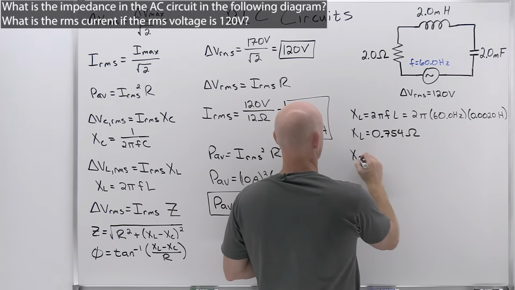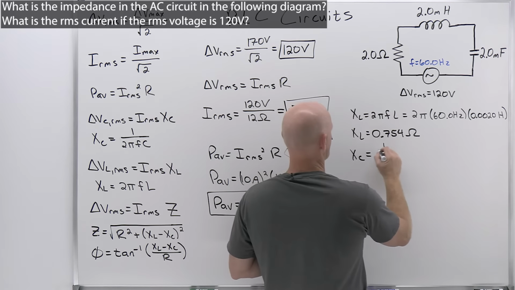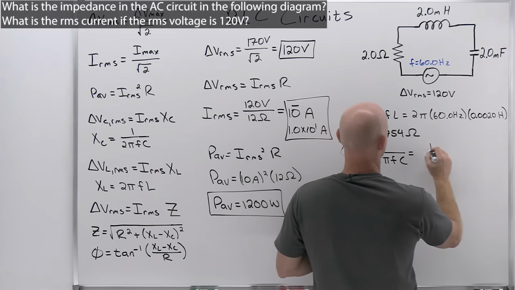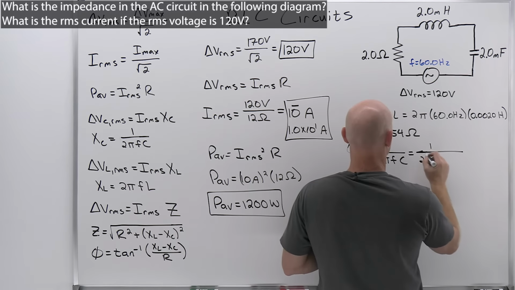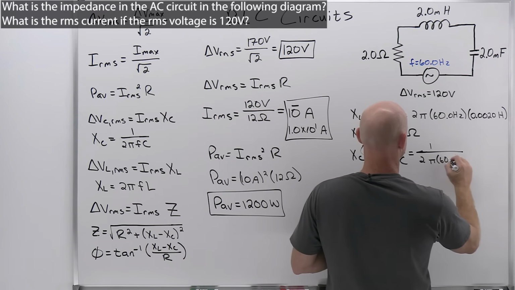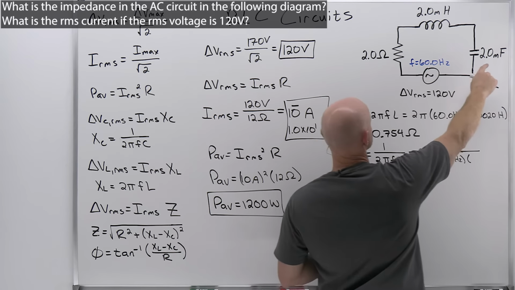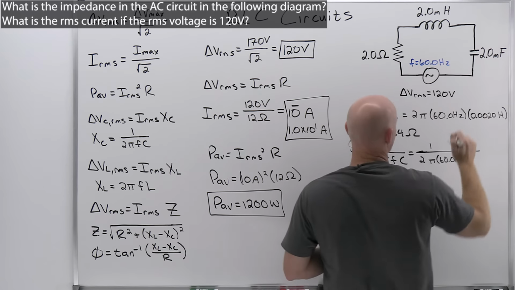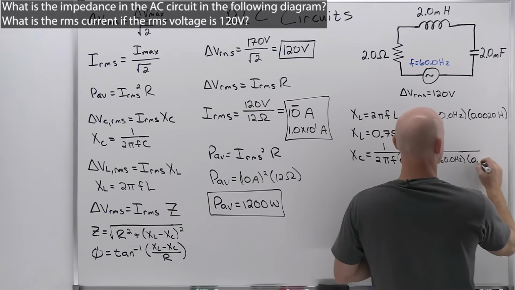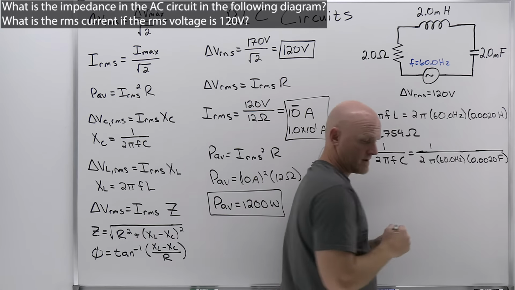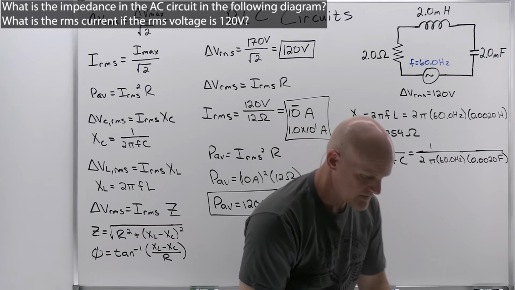All right, we also got to calculate the capacitive reactance here, which is 1 over 2 pi FC, which in this case 1 over 2 pi times 60 hertz. So, and I made the numbers nice. They're all kind of similar here. So 2.0 millifarads here is again going to be 0.0020 farads. And once again, we'll let our calculator do the heavy lifting for us.